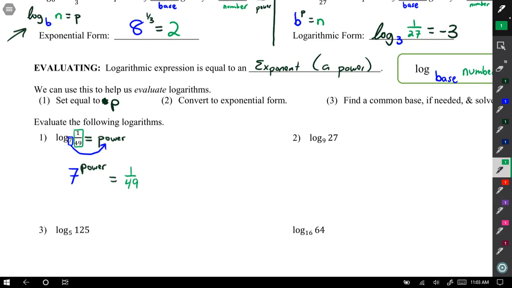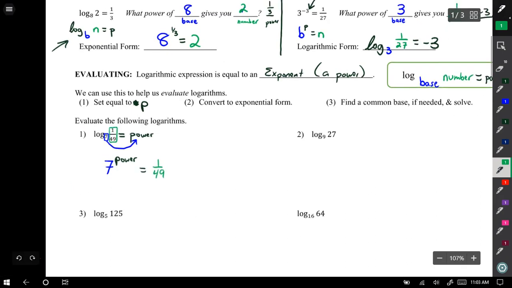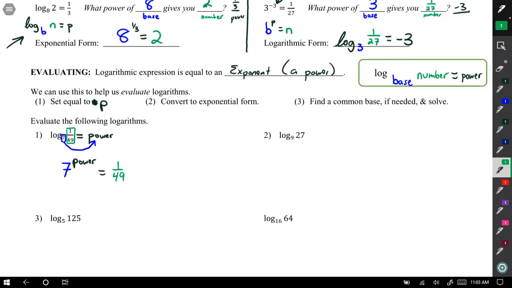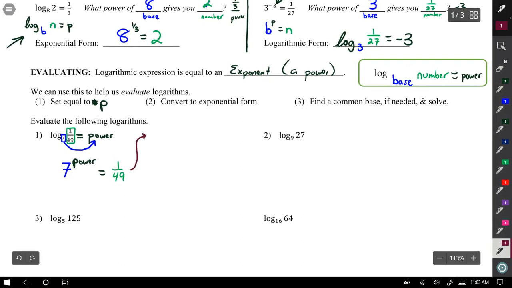Now we solve, and I'm going to leave it as power just so we can understand what we're dealing with. When we solve, we're going to find a common base. That was what we dealt with in previous problems. So for solving, we think about how we can get both bases to be the same. I want them both to be 7, since it's a smaller number and easier. So 7 to some power. My job is to change 1 over 49 into 7 to a power.